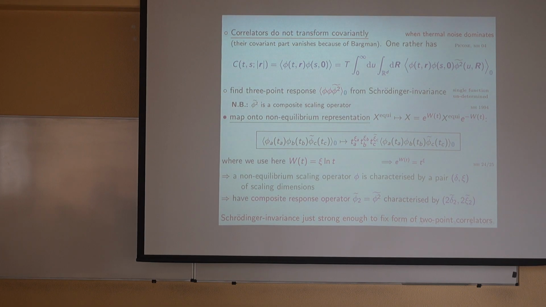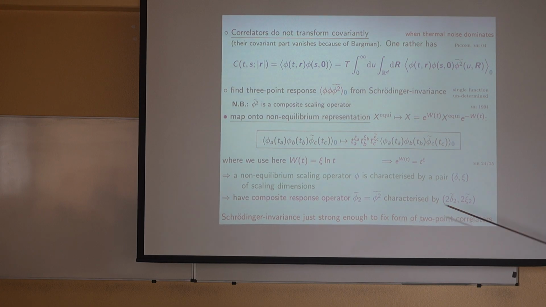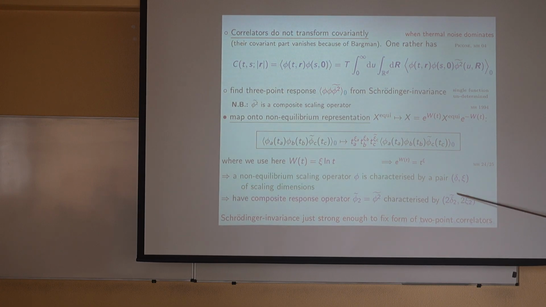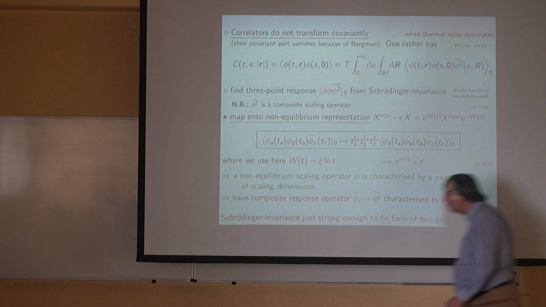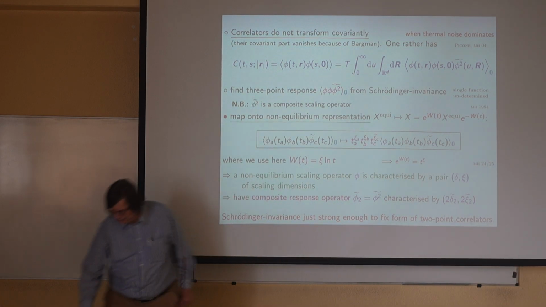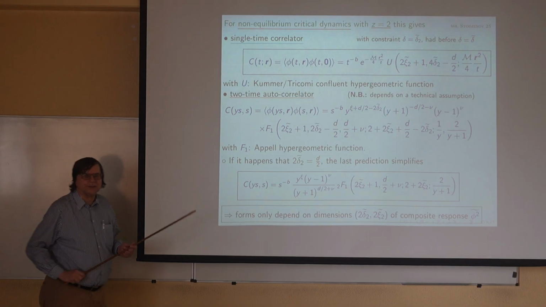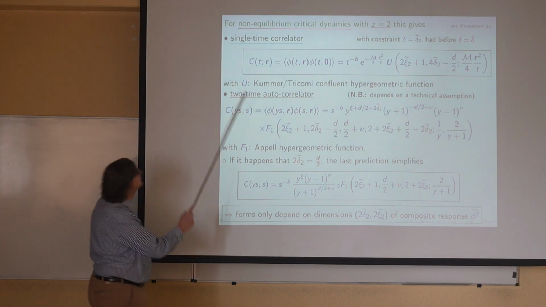And in the same way, the composite response operator is not only characterized by the conformal one, but also by this one. I take the factor 2 out by 2. So we get this thing. Then, with all these things together, Schrödinger invariance is just strong enough that we can find the correlators.